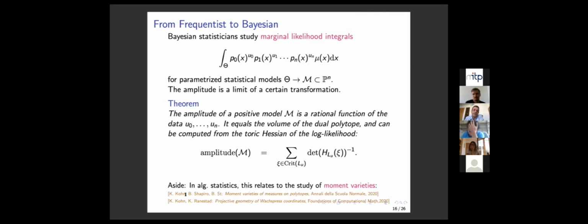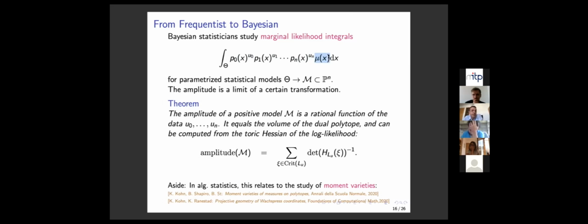So for example, here's the likelihood function, again, of some parametric model, and the exponents u0 up to un are the data. Now in Bayesian statistics, we're integrating over the parameter space against some measure, and that measure is the prior belief.